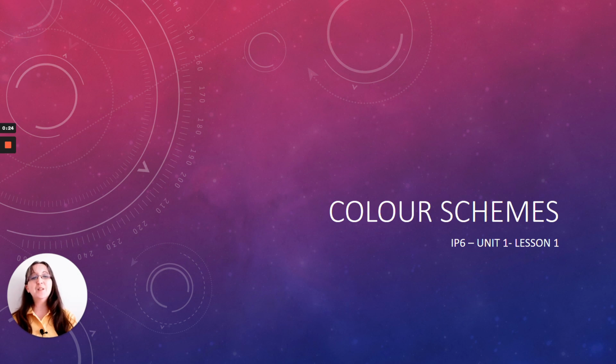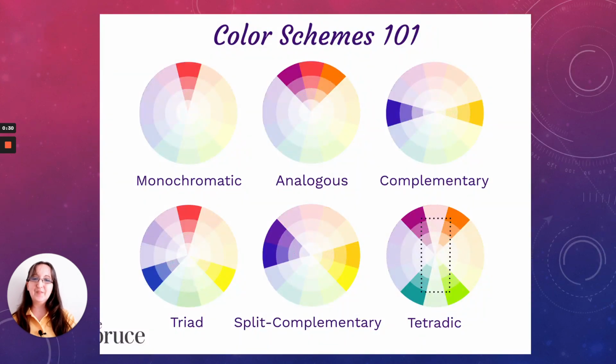So our first unit is colour schemes. Colour schemes are used as a guide. They're a good way to learn some rules about art and composition and what makes things work.